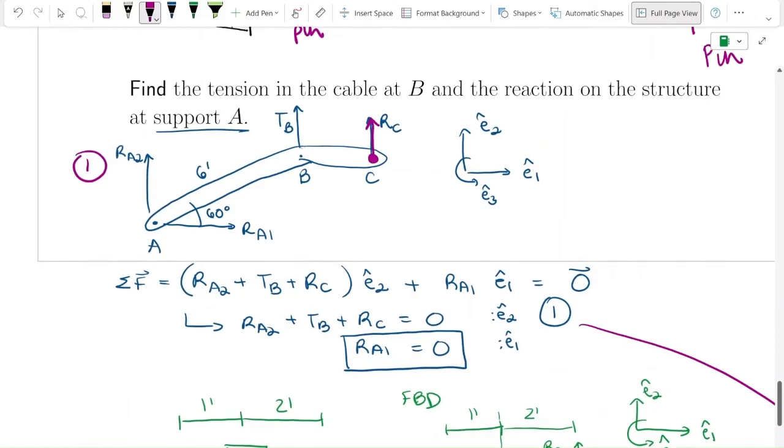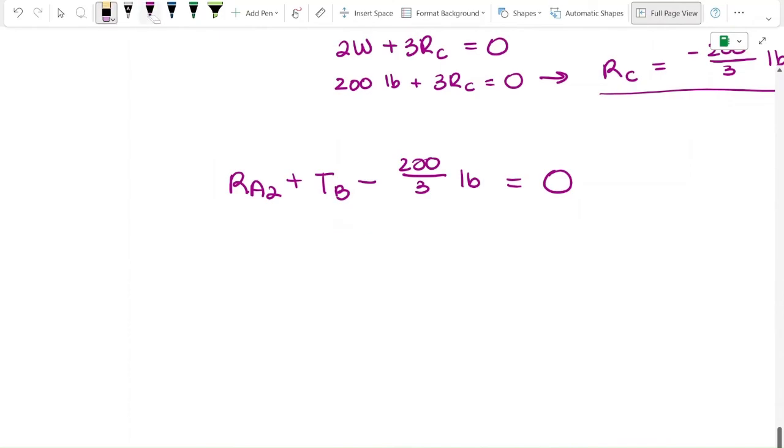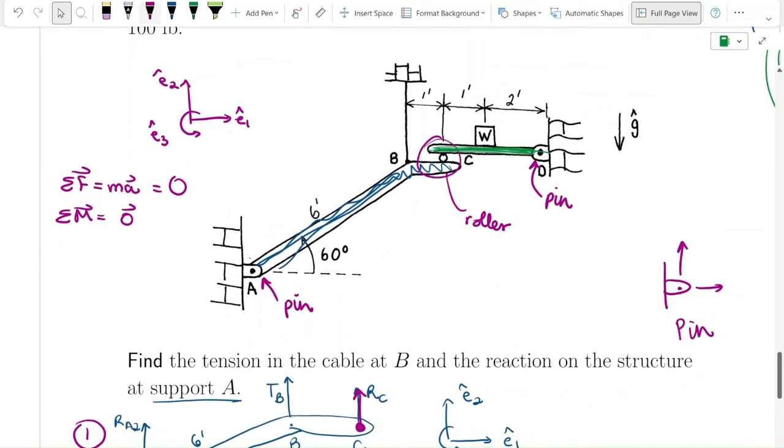Then I get some summation of RA2 and TB equals 0 because the sum of moments is 0 about any point here. And thus you can solve for R in terms of TB or something, and then you can plug it back into this equation and get the expression for one of them, and you could solve.